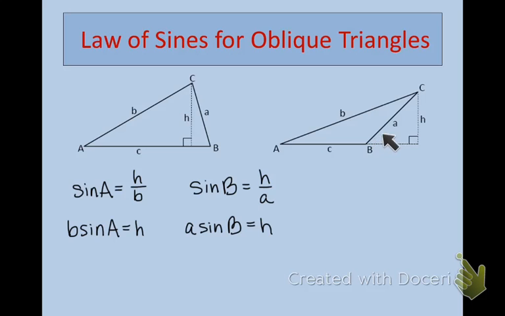No. But this angle is what? 180 minus B, or we might write it as pi minus B. Now think through what we've been doing with those cofunction problems. Pi minus B, when you're looking at the sine, what is that the same exact thing as?